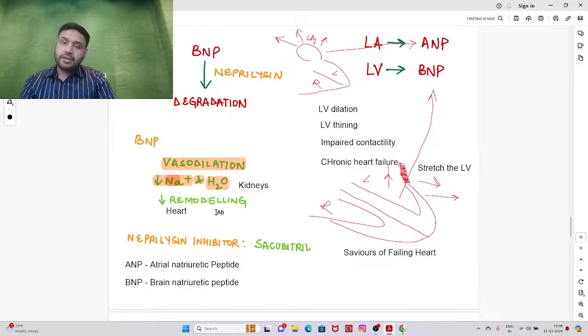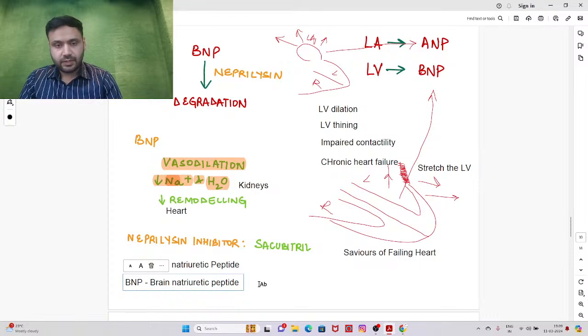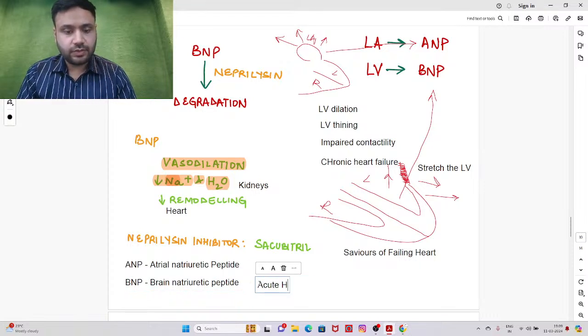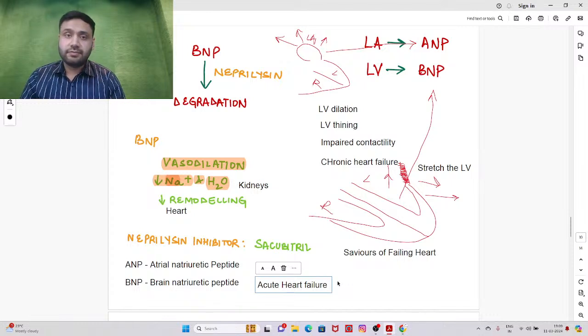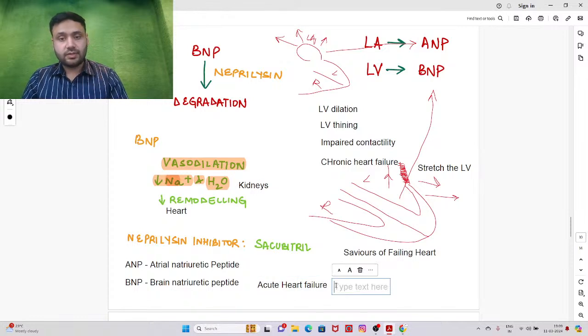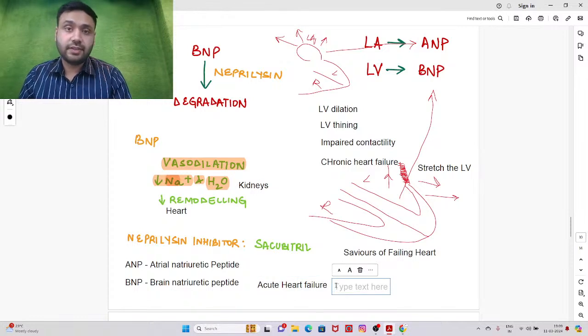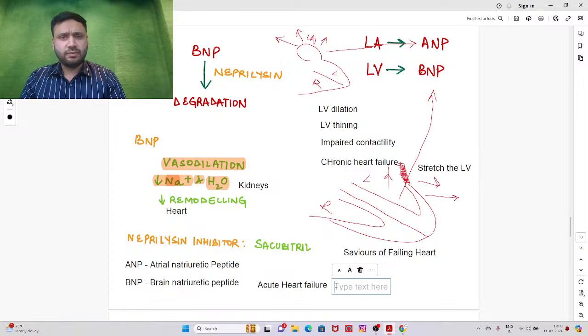So it is very common for people who are in heart failure to have high BNP, especially if they are in acute heart failure. Since we are studying chronic heart failure, this point is important because to diagnose a patient with acute heart failure, if BNP is normal, the possibility of acute heart failure is unlikely.